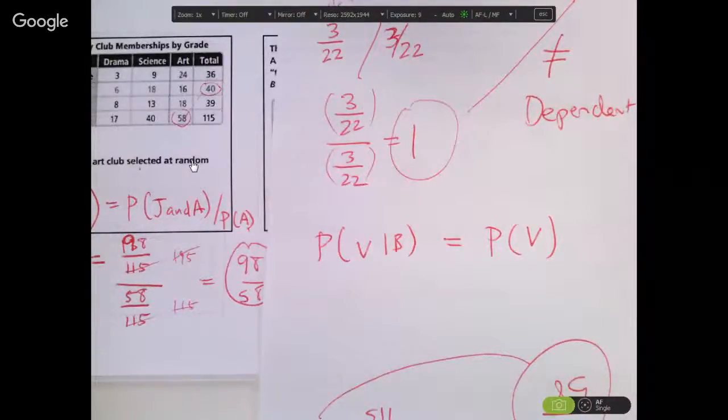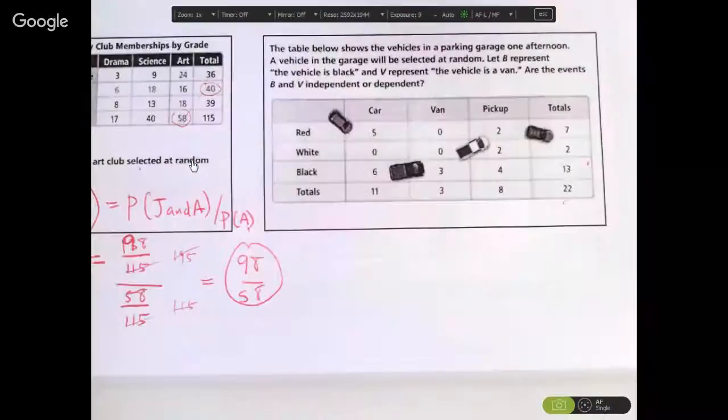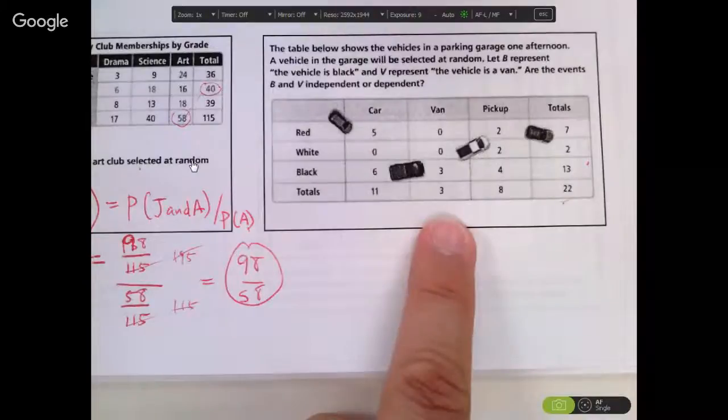If I put other colored vans in there, it might become independent. Because we know all vans are not black, but in this parking lot, all vans are black.